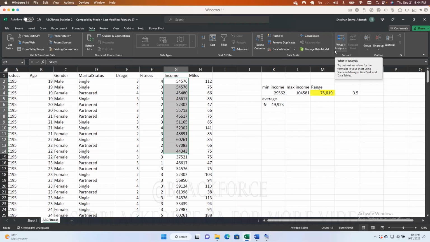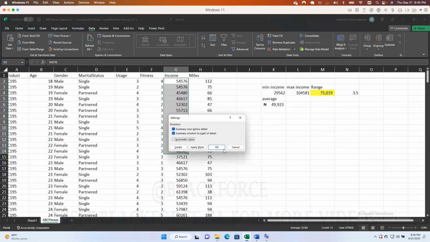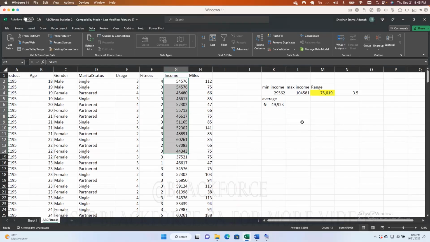How come we have three numbers? What's the actual answer? So the answer is 28. Okay, let's see the mean of the age.